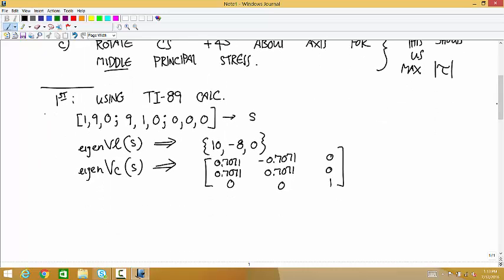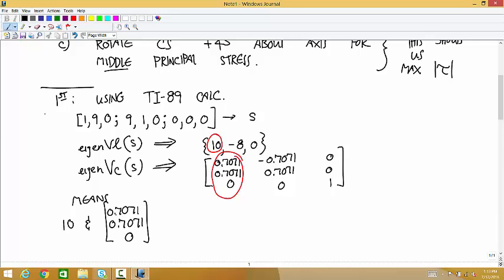And the way to interpret that is the principal stress 10 and this column gives you an axis. Those are a corresponding pair. So this is an outward-facing normal to a face where this is the normal traction.